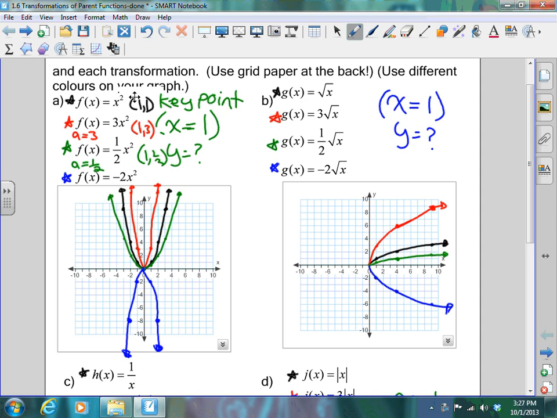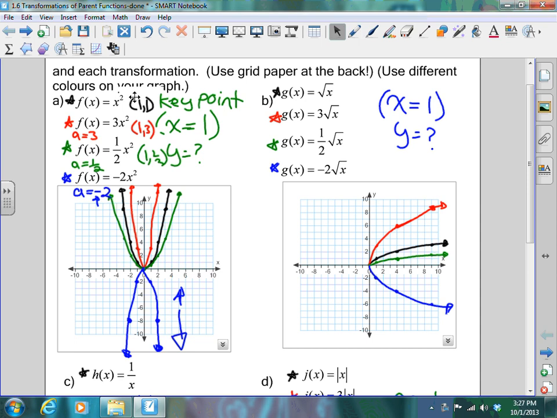Instead of it being 1, 1, it's been flipped, so it's now 1, -2. So it's been stretched, and in this case, a equals -2. The negative tells us that it reflects over the x-axis, and 2 means it's been vertically stretched by a factor of 2.